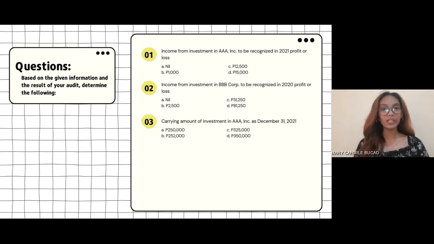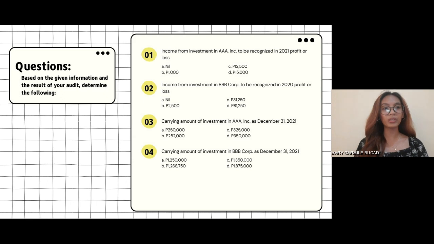Number 3. Carrying amount of investment in AAA Incorporated as of December 31, 2021. A. 250,000. B. 252,500. C. 325,000. And D. 350,000. Number 4. Carrying amount of investment in BBB Corporation as of December 31, 2021. A. 1,250,000.